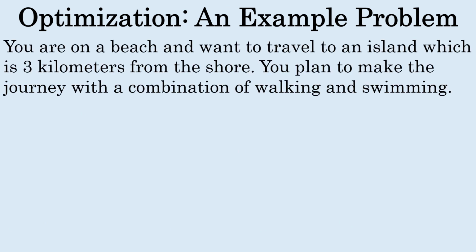The problem is as follows. You are on a beach and want to travel to an island which is 3 kilometers from the shore. You plan to make the journey with a combination of walking and swimming.